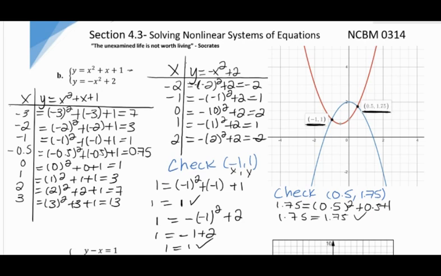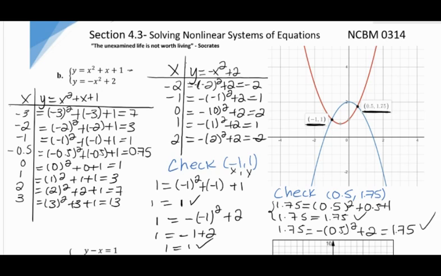And then for the second equation, we have 1.75 equals negative 0.5 squared plus 2. And that's actually 1.75 as well.